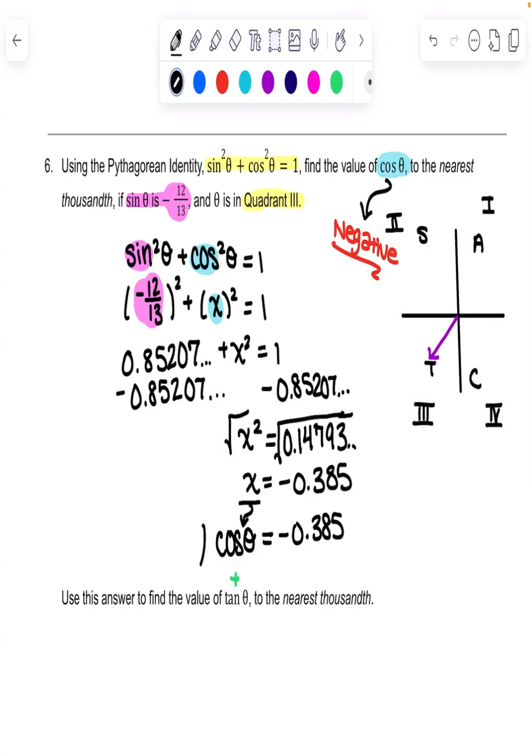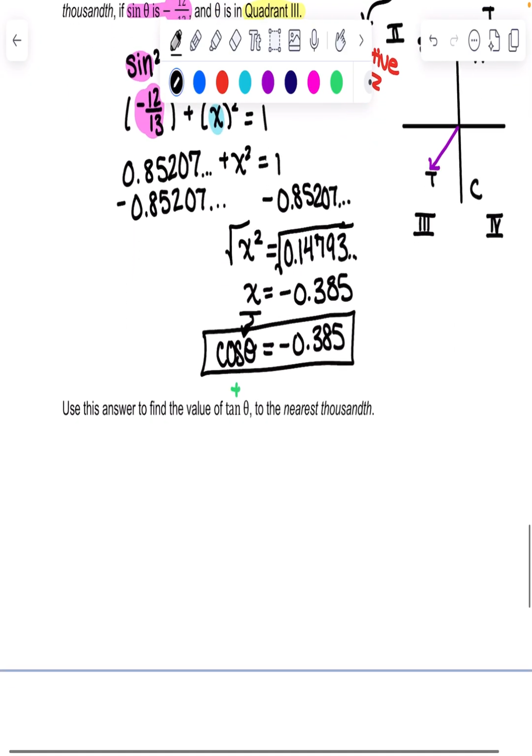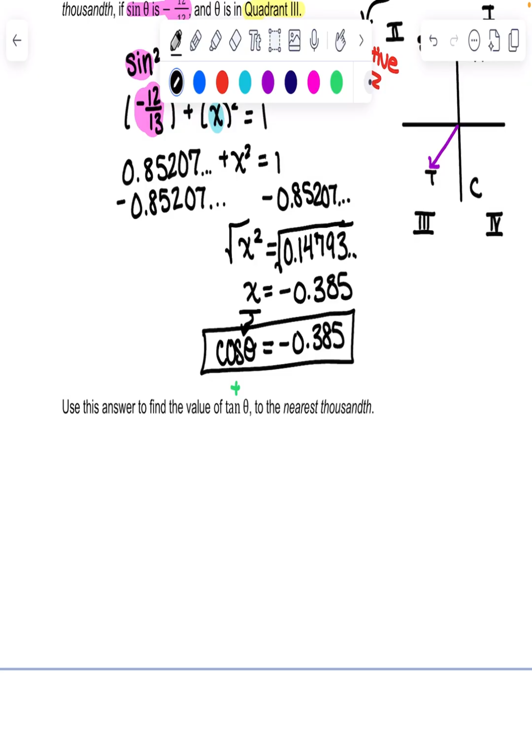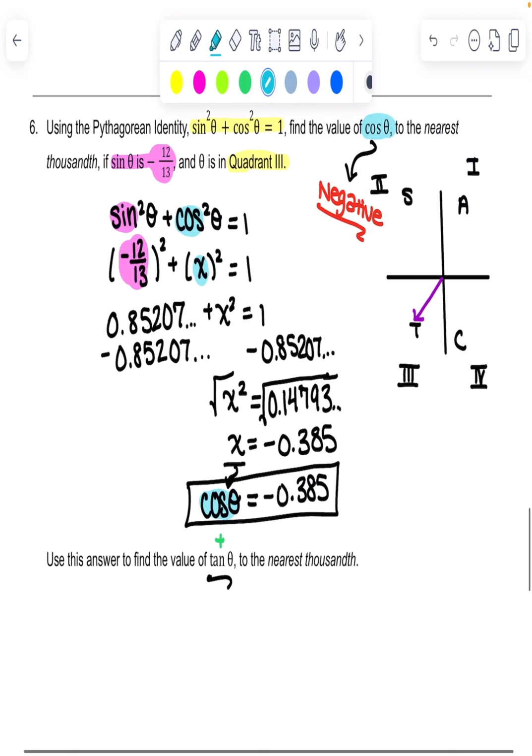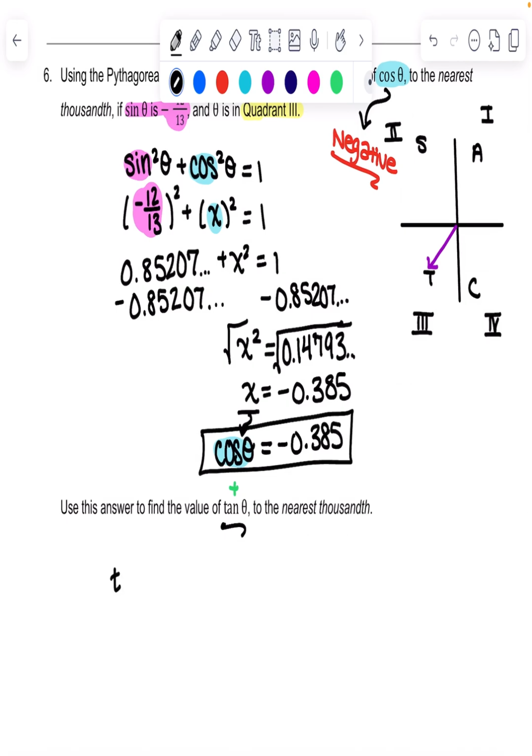Now, we got cosine, right? They ask us for tangent. So, same process. You get tan in South Carolina. You know it's annoying. So we're just going to rewrite.